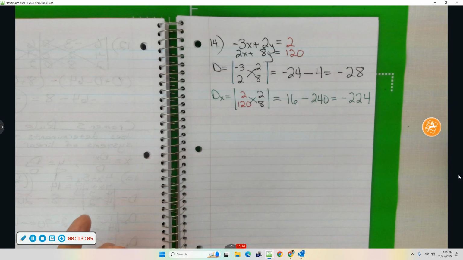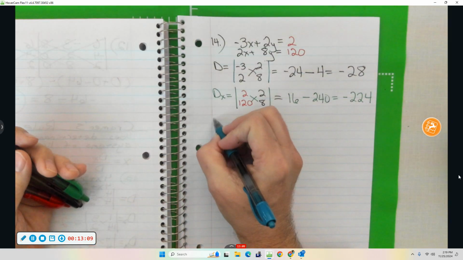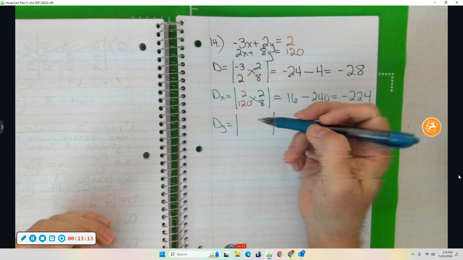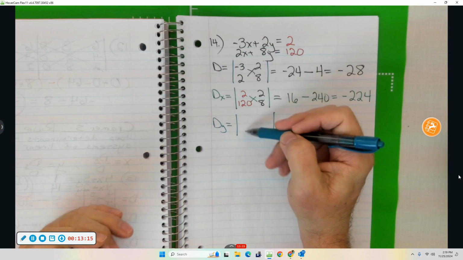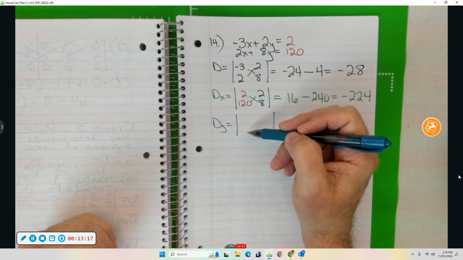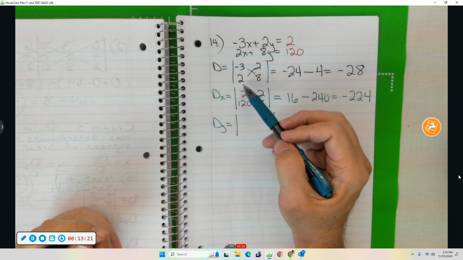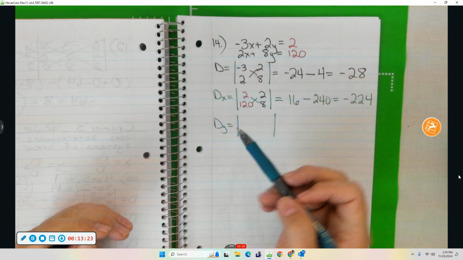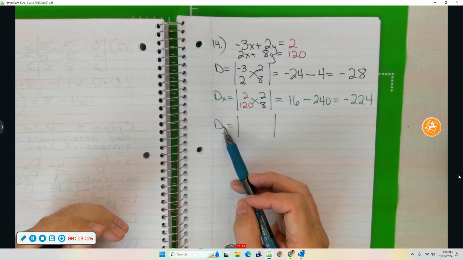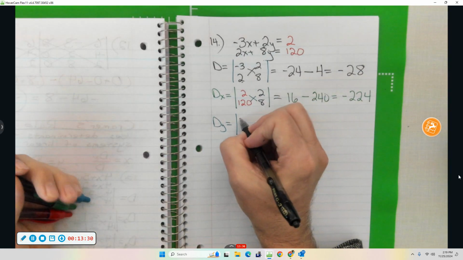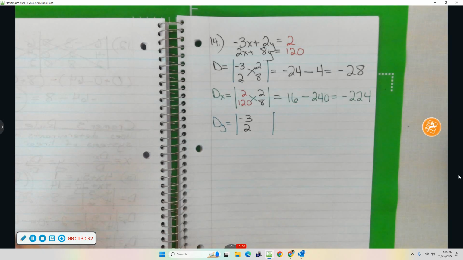We have another variable. It's the y column, so we have to find d sub y. What numbers do I write here in the first column? That's correct. You go back to the original values for x. The only column you're replacing is y. So negative 3, 2 is x.